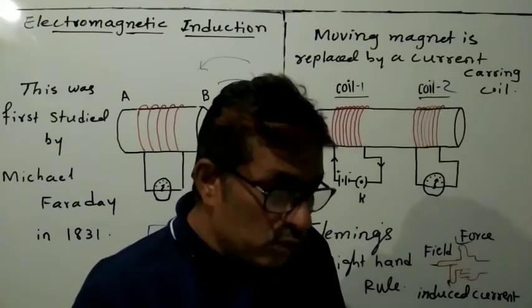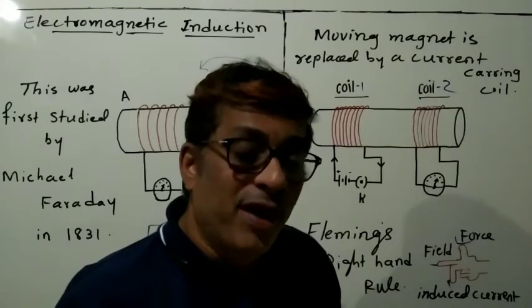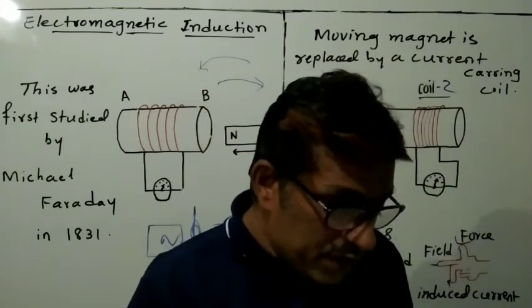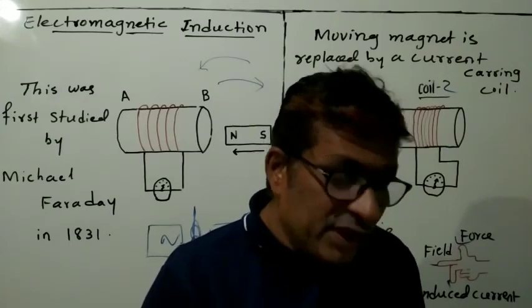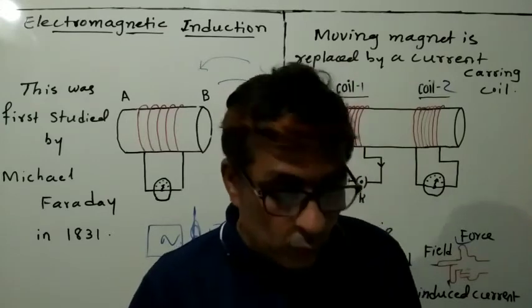This simple rule is called Fleming's right hand rule. So to find the direction, we use Fleming's right hand rule.